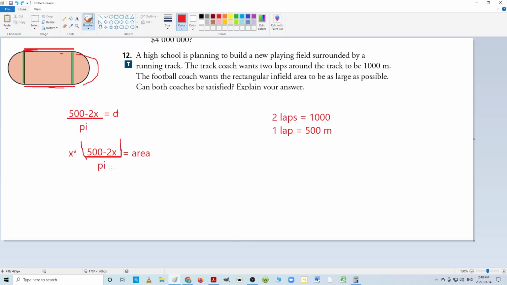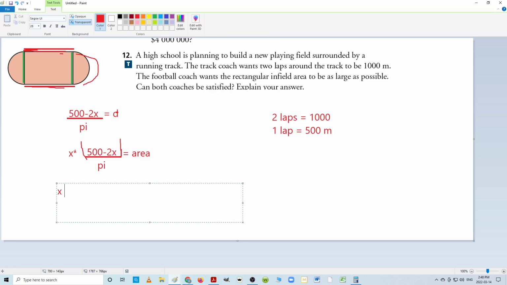If I separate that pi into two different things, I get x multiplied by 500 divided by pi, minus 2x squared, which is also divided by pi. So if I put it another way, it's minus 2 divided by pi x squared, and 500 divided by pi times x is equal to the area, or y.